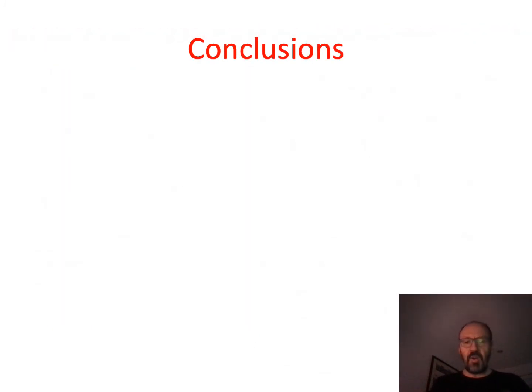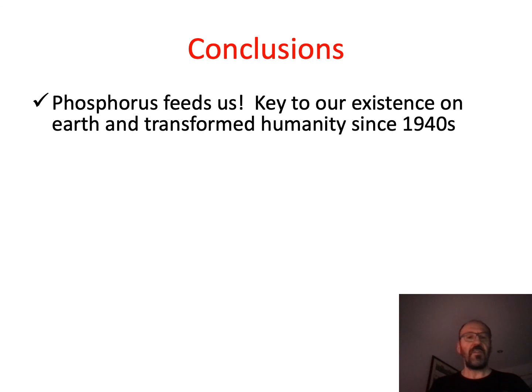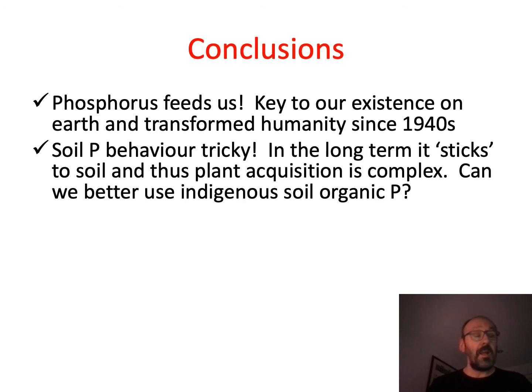So I have a conclusion slide here, which just runs through a few points. Phosphorus feeds us. It's key to our existence on Earth, and it's transformed humanity since the 1940s. Its behaviour in soil is tricky. In the long term, it sticks to soil and plant acquisition is complex. And can we use organic phosphorus and other forms of phosphorus in soil better?